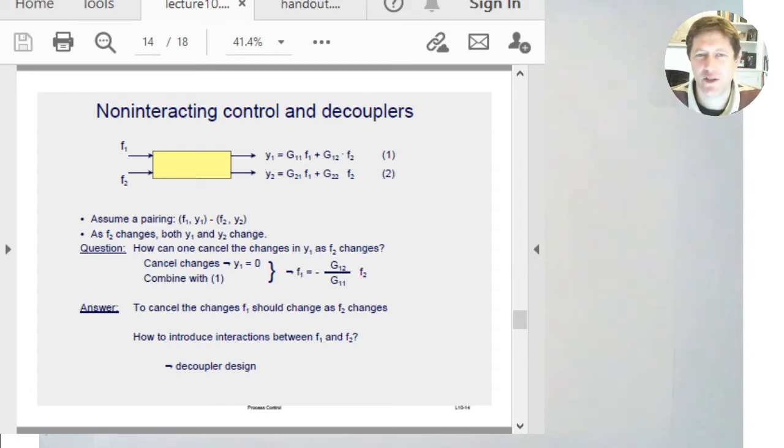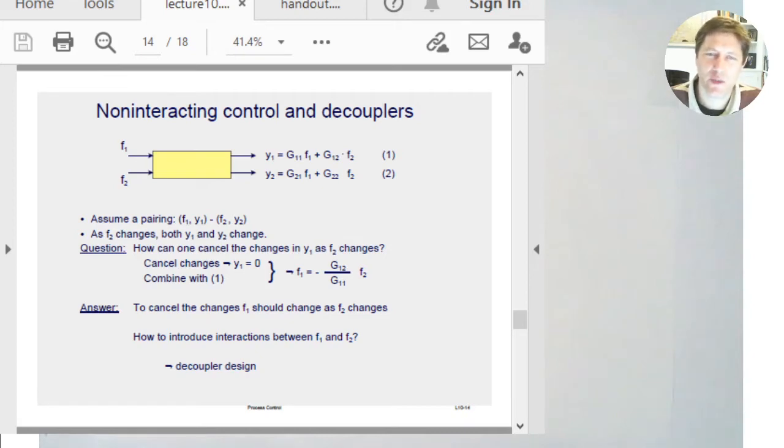How much does changing F2 affect Y1? Well, here's the Y1 equation. So it's affected by F2 by this amount. So decoupling means we're going to do something to the inputs to try and preempt that problem and make the output of Y1 only equal to G11 F1.